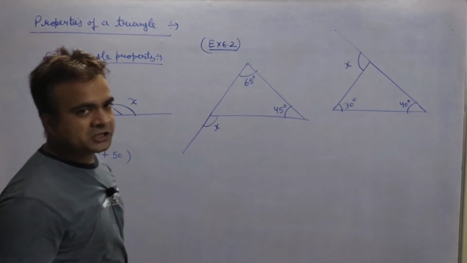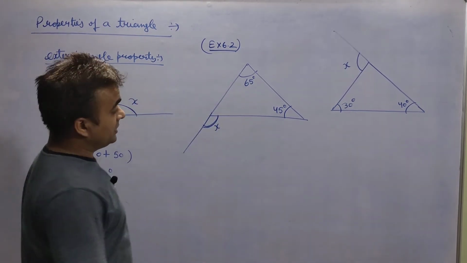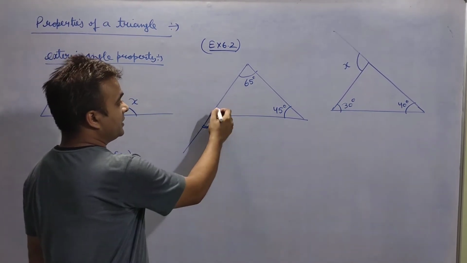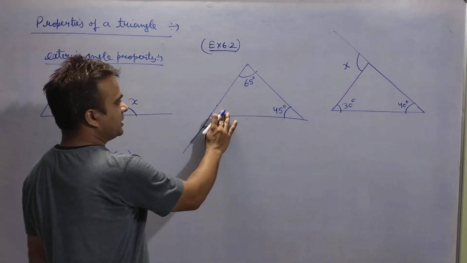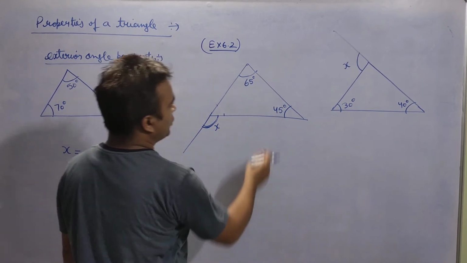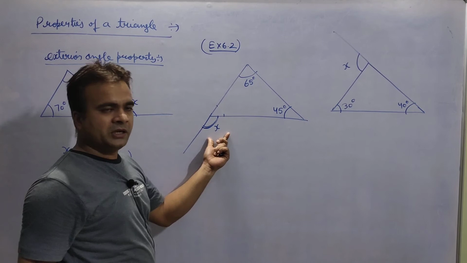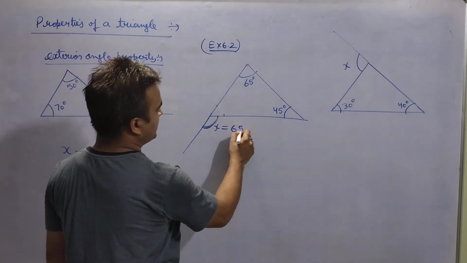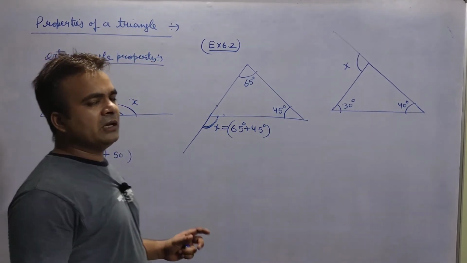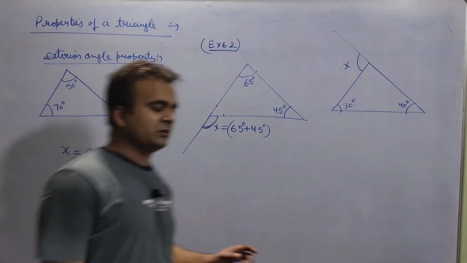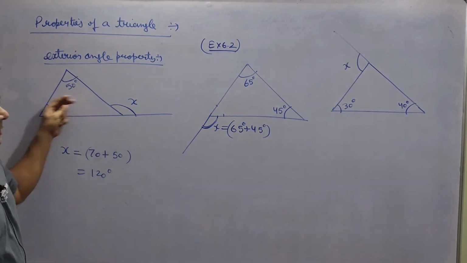In this case, we will see the exterior angle in a different direction here, but we should be very aware that adjacent interior angles we will not consider. The other two interior angles, their sum will be equal to the exterior angle. So what will be x? 65 plus 45. Don't take any tension related to the direction of the exterior angle.